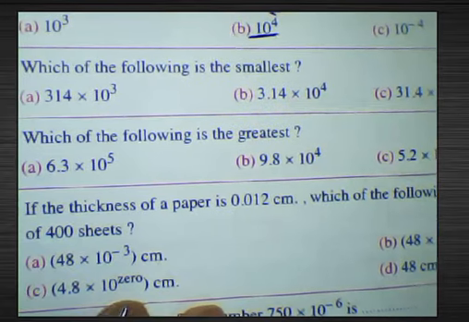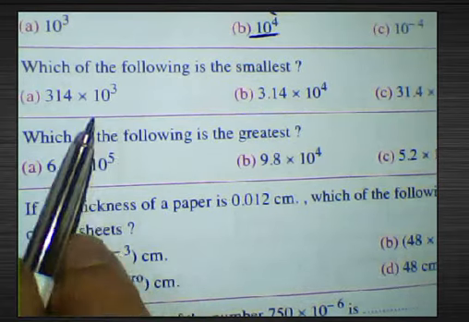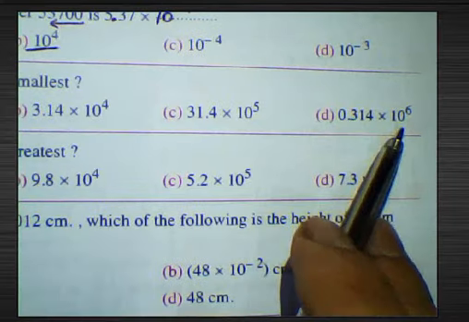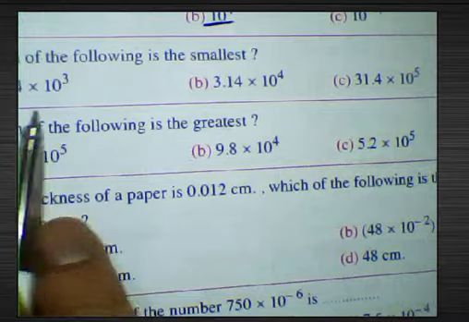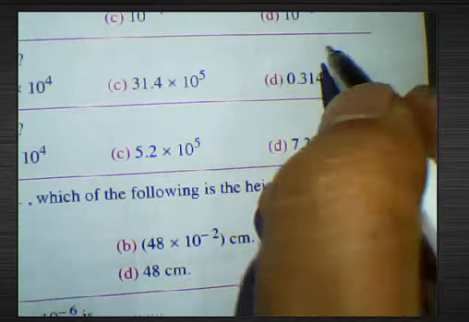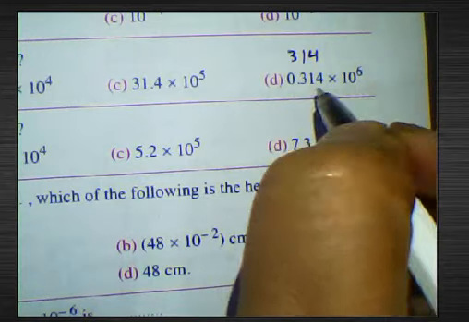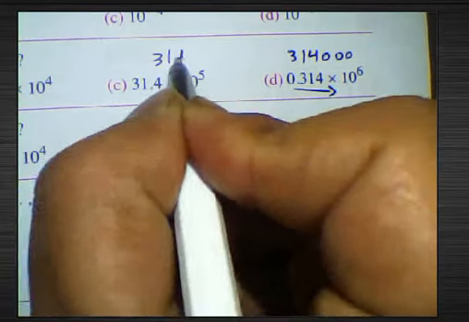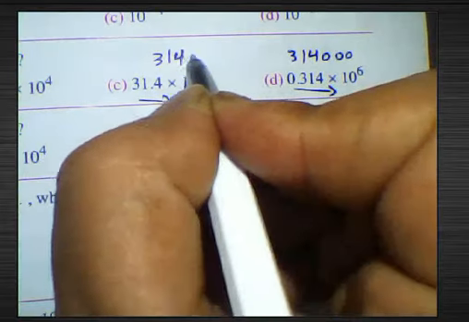Which of the following is smallest? We know power 3, power 4, power 5, power 6. You can find the result for the first one, the greater. Here the result will be what? 3, 1, 4. Moving the point to the right-hand side by 6 digits, we must put 3, 0. And here moving right-hand side by 5, put 4, 0 here.